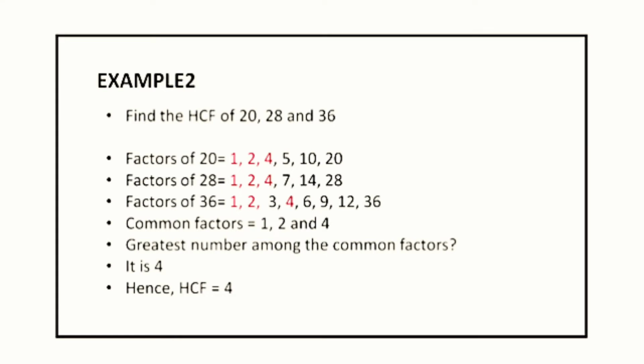So, the first step is complete. We have determined the factors for all the three numbers. The second step: determine the common factors. By observation, we can see that 1, 2 and 4 are common to all the numbers. Now, the final task: determine the greatest number among the common factors.